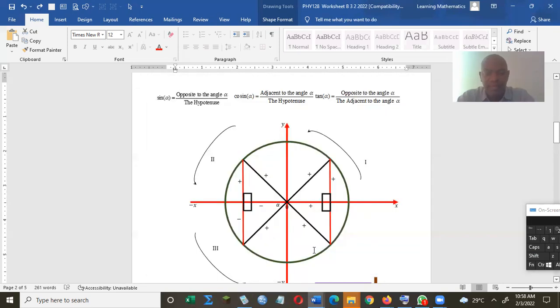The reason is that the side opposite to the angle is negative and the side adjacent to the angle is negative. Negative divided by a negative is a positive. So therefore, tan alone is positive in the third quadrant.